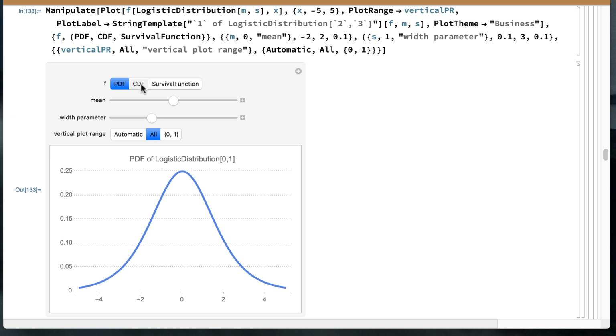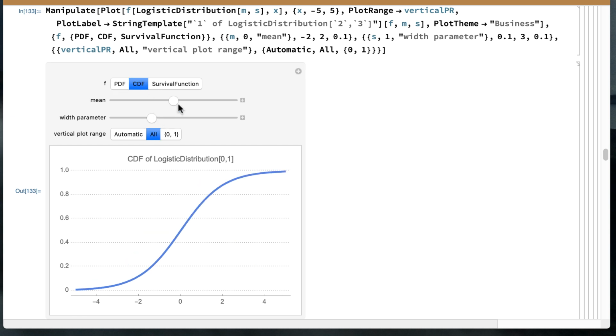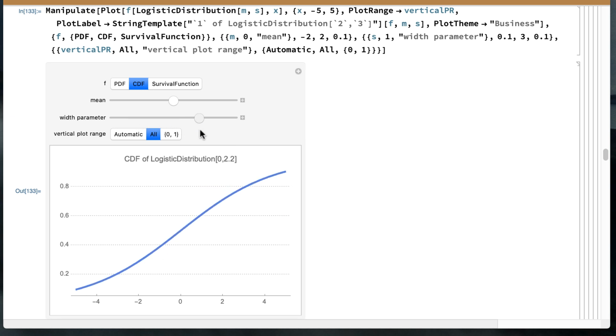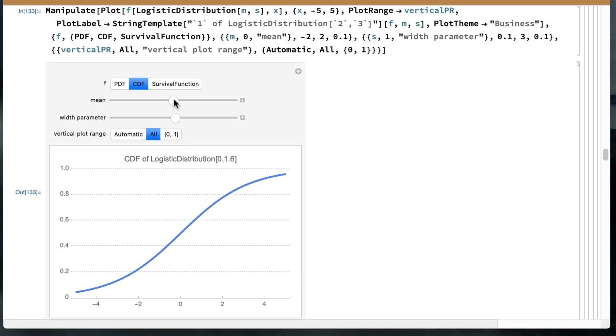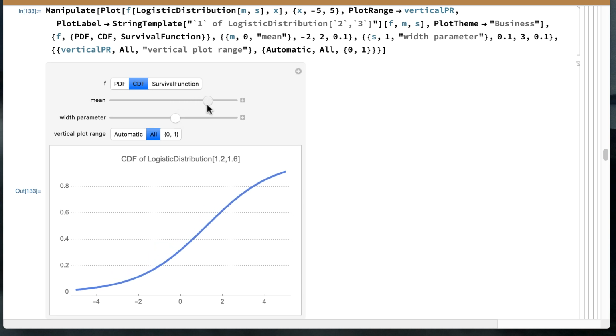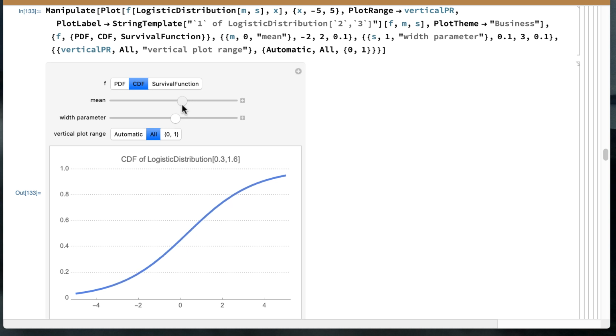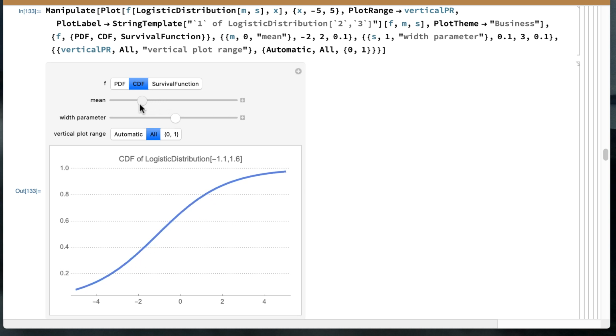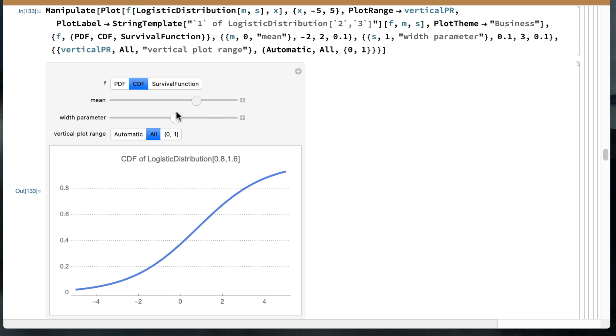So with the CDF, you can see as I switch the width that S is going to get tighter, corresponding to a lower width. If I increase the width parameter, then it's a more gentle ramp. And if I move the mean, the inflection point where it changes from going up rapidly to going up slowly will move now to the left, now to the right.